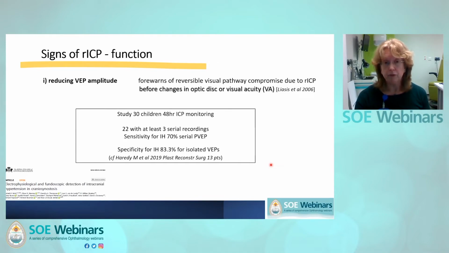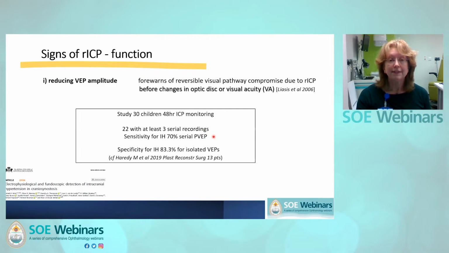And this can happen before changes in the optic disc or visual acuity. So we know this, but we were very curious to use this opportunity of studying 30 children who had had 48-hour ICP monitoring. And 22 of them had at least 3 serial VEP recordings.